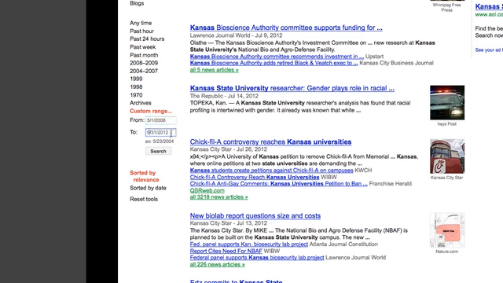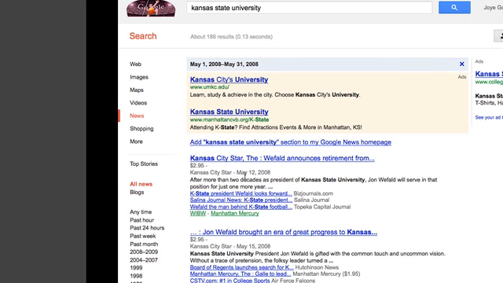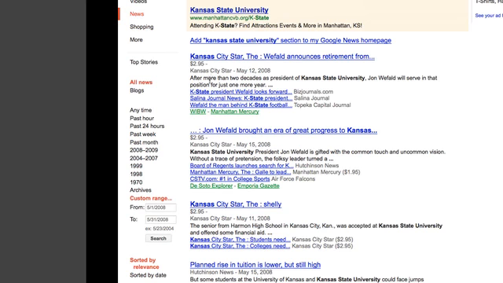So one of the powers of this tool is that you can search news at a very specific time. And when I go back to that date, I see what happened at Kansas State University that accounts for that spike in news volume was when President Wefald announced his retirement at K-State.